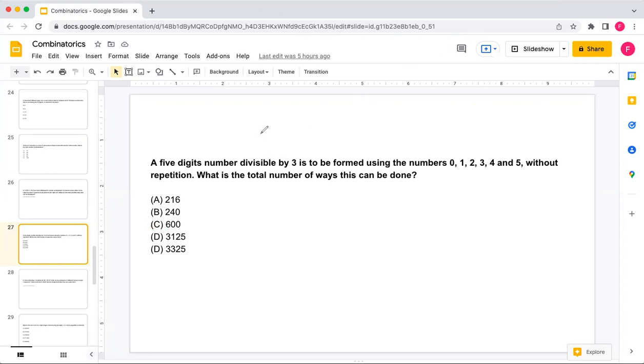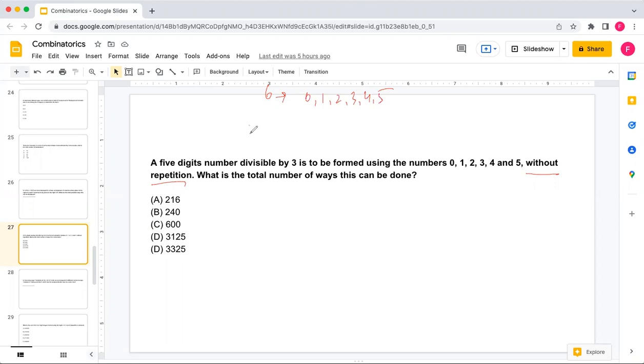A 5-digit number divisible by 3 is to be formed using the numbers 0, 1, 2, 3, 4, and 5. We are provided with 6 numbers, and the question is without repetition, so we can't choose the same number again. What is the total number of ways this can be done?